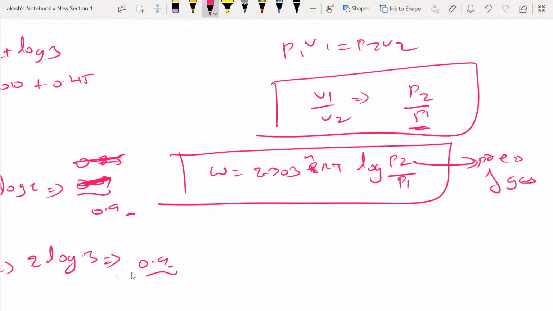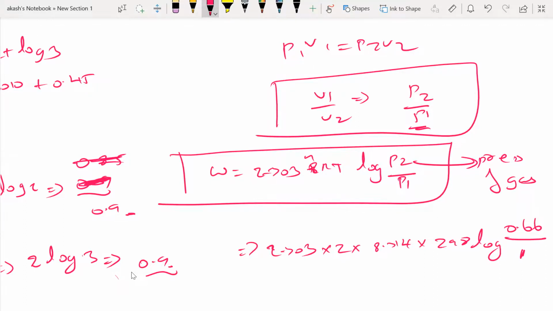Just substitute everything you know: 2.303, number of moles is 2, R value is 8.314, temperature is 298 Kelvin, log of P2, the final pressure is 0.66, from the initial pressure of 1. That's it.